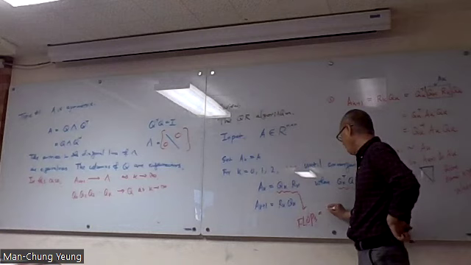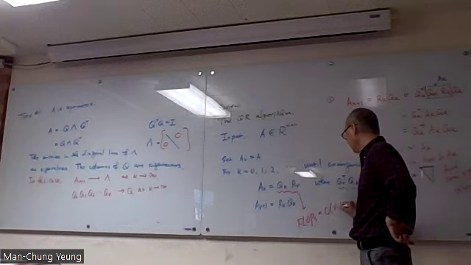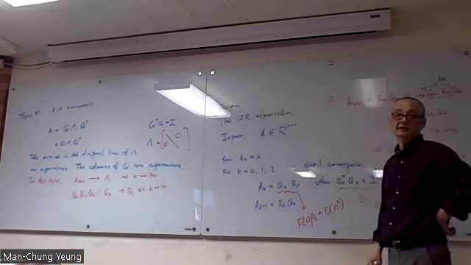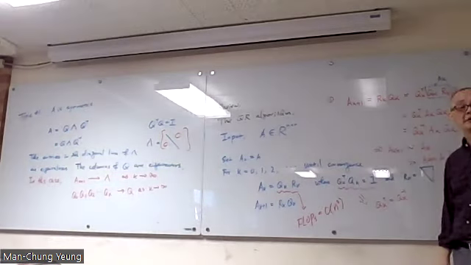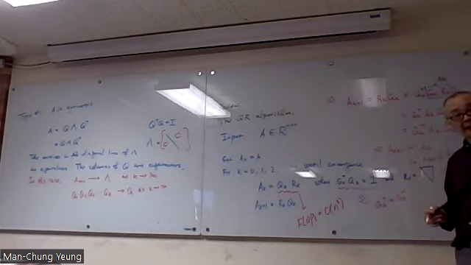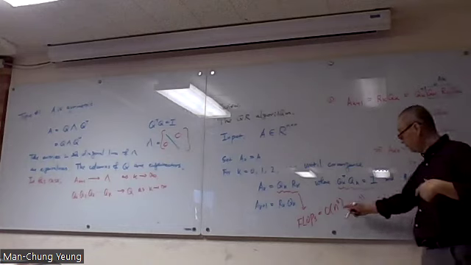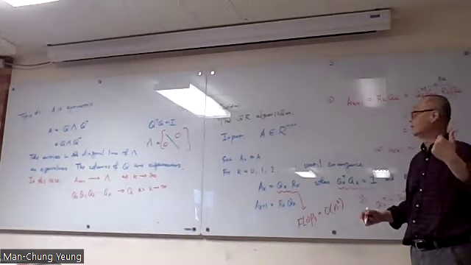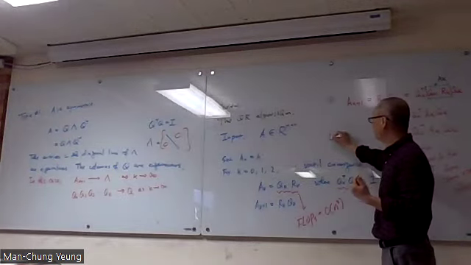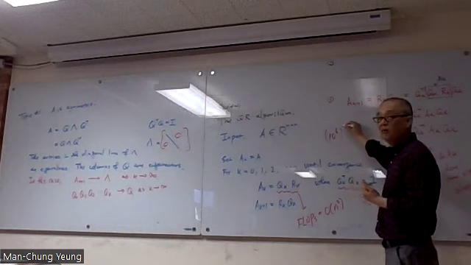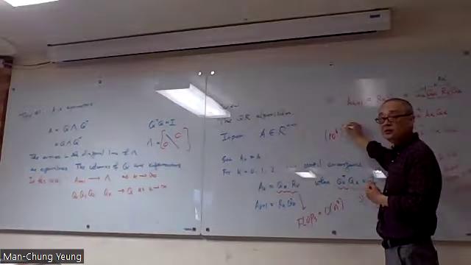It is order n cubed, where n is the size. Think about it: if n is, say, not big, 1 million, then how many floating point operations?